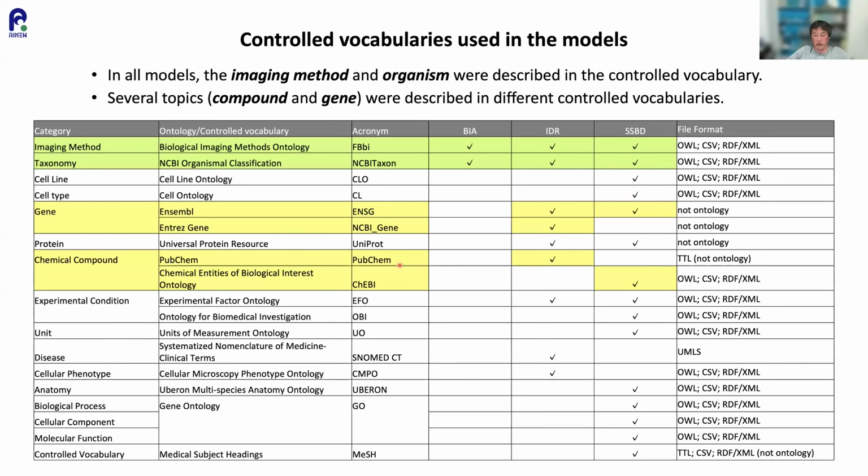If you look into more detail, there are some categories of metadata where controlled vocabulary is used, but different controlled vocabularies are used. For example, in this case, for the chemical compound representation, the IDR used PubChem terms, but SSBD used ChEBI.